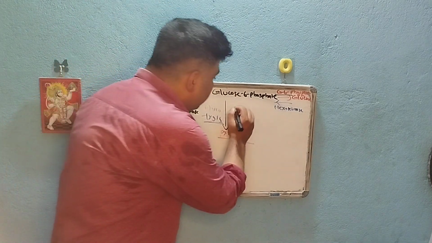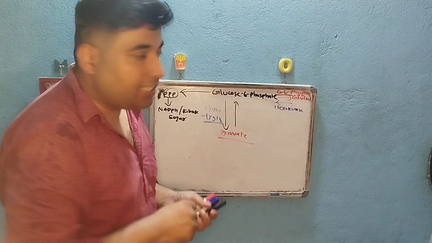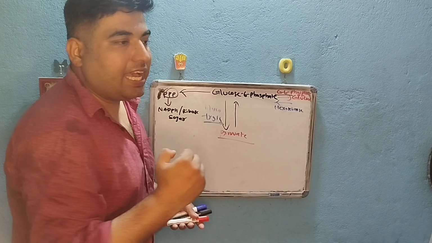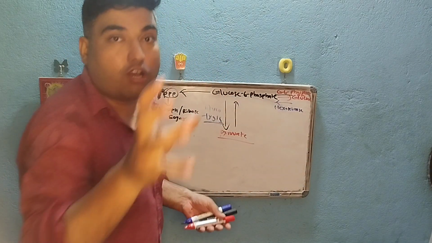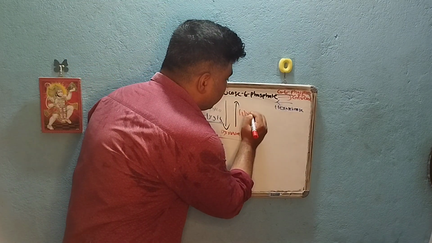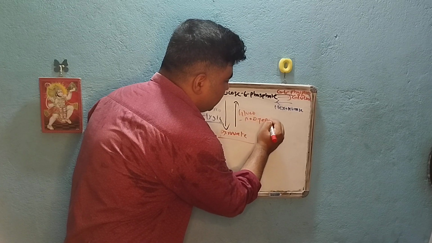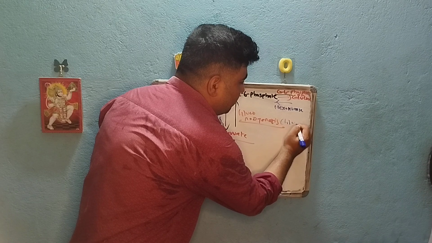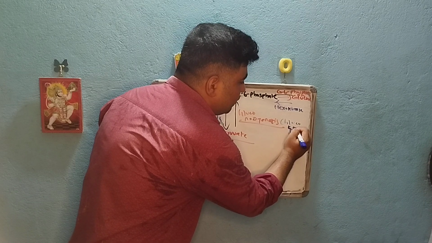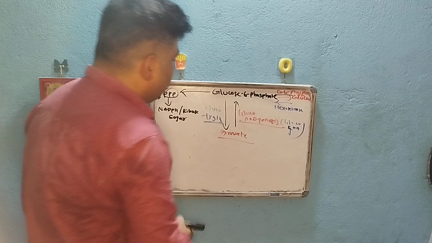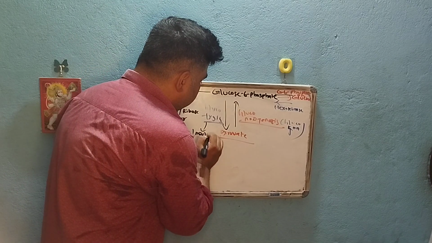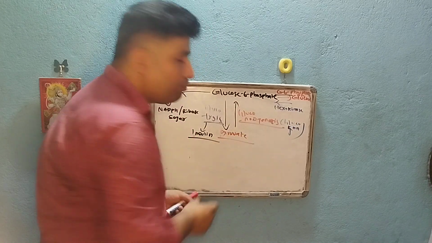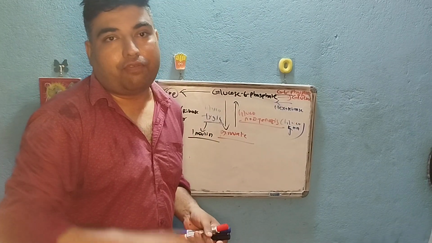And when pyruvate becomes a substrate for the formation of glucose, since it is a non-carbohydrate source, that pathway, in which carbohydrate is made out of a non-carbohydrate source, is called gluconeogenesis. As I told you, gluconeogenesis is favored by glucagon during hypoglycemia, and glycolysis is favored by insulin. One more thing: this conversion of glucose into pyruvate is independent of oxygen.